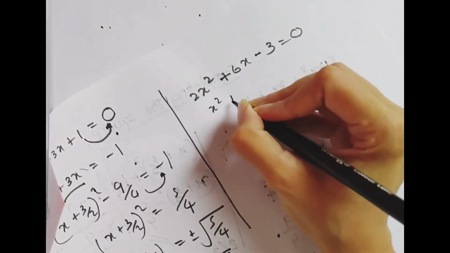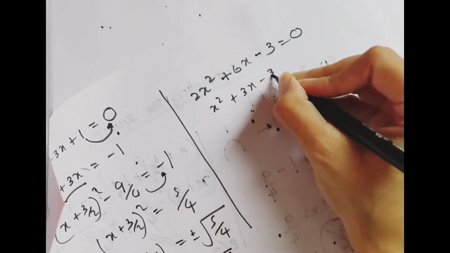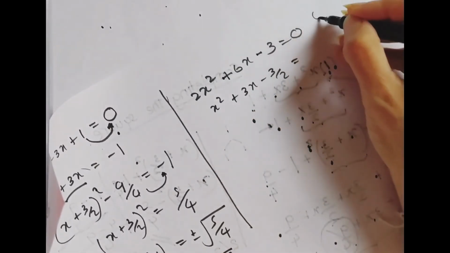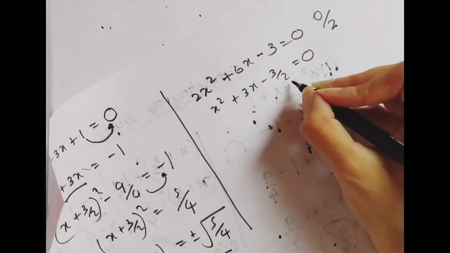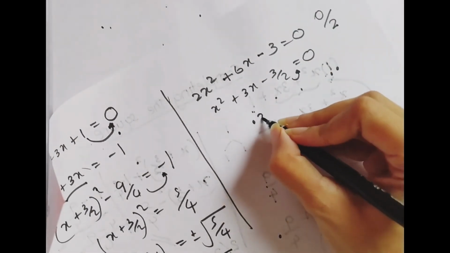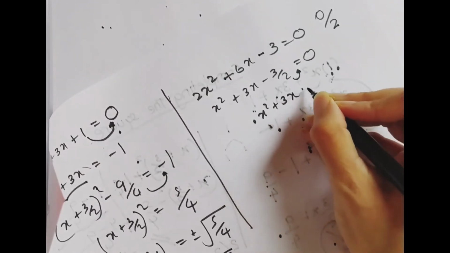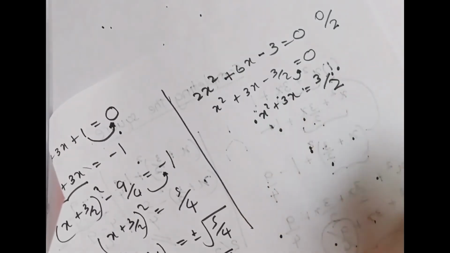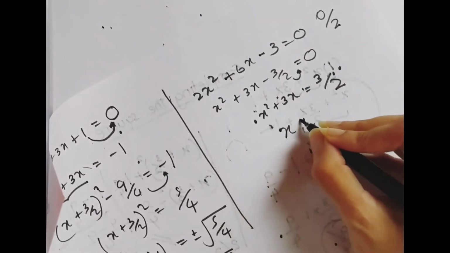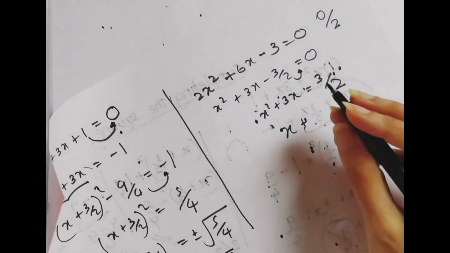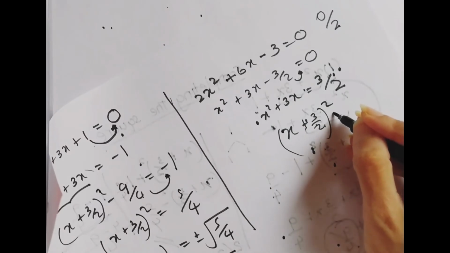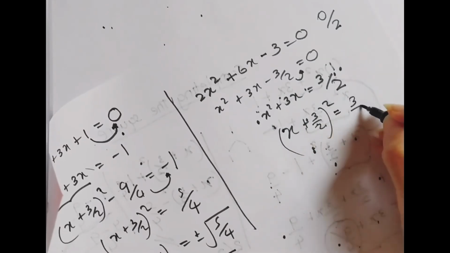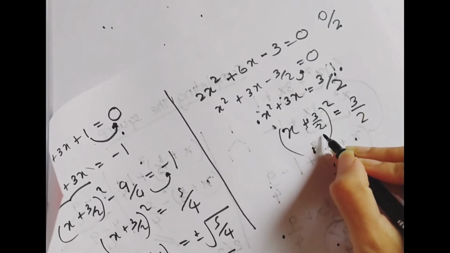Then x squared plus 3x minus 3 by 2 equals, so 0 divided by 2 is what? 0. Now take 3 by 2 to this side. So x squared plus 3x is equal to 3 over 2. Then in the normal way you can simplify this. That is x plus 3 over 2 whole thing squared is equal to 3 over 2 plus 9 over 4.